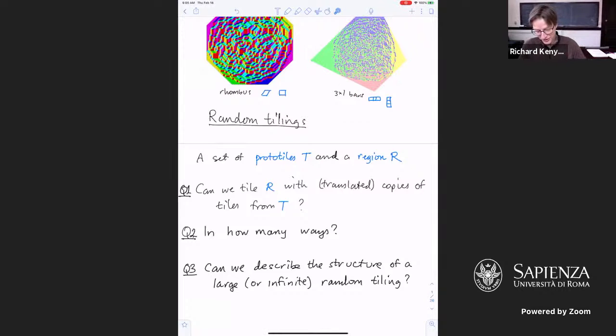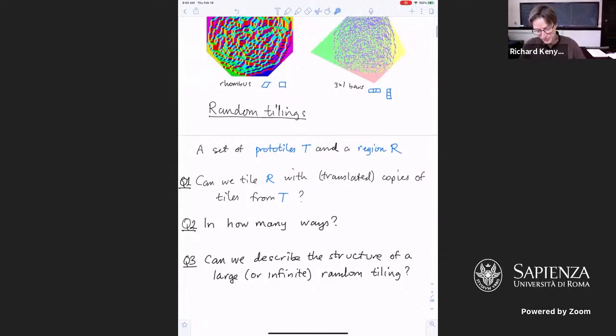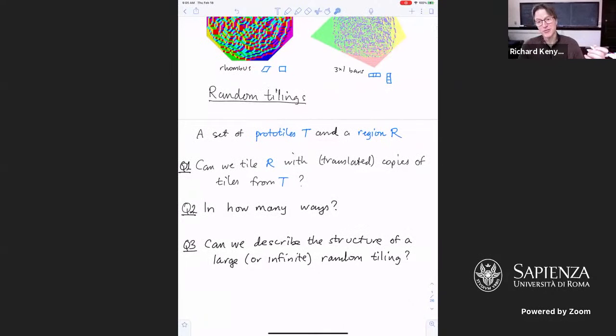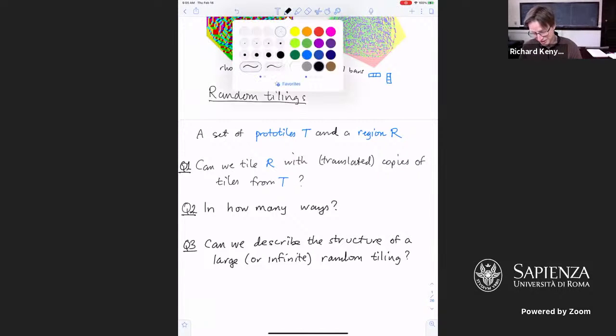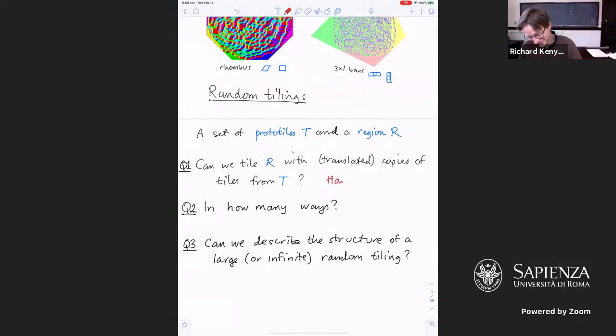And then the standard questions that one asks is, well, the most obvious question is, is it even possible to tile our region with, let's say, translated copies of the tiles from T? That's, of course, I should say, a hard question already for a general set. It's NP hard, NP complete, in fact.